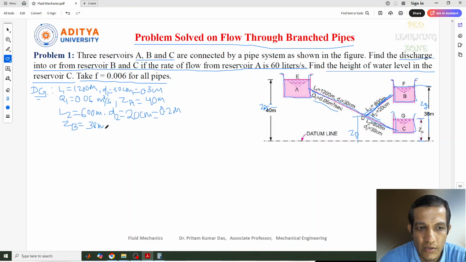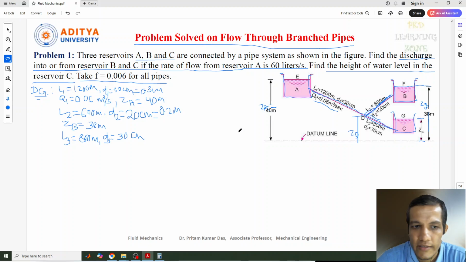Coming to the third pipe, length L3 equal to 800 meter, and diameter D3, this is 30 centimeter. And ZC is not given, we need to calculate ZC actually. So ZC needs to be calculated.